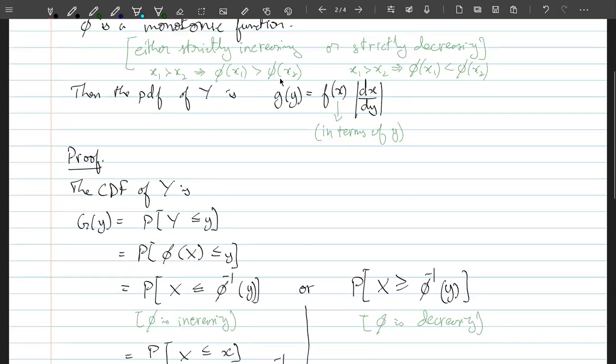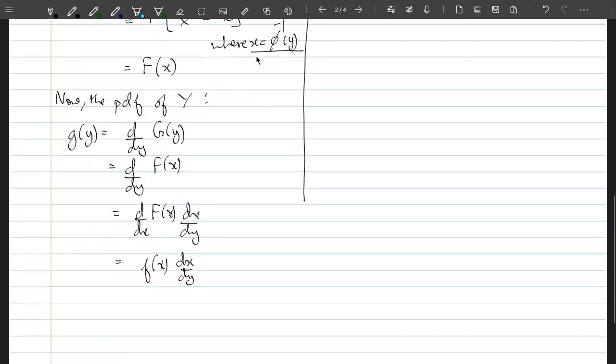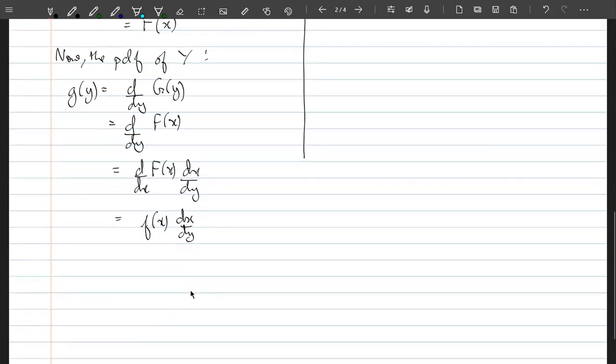So if y is an increasing function of x, x is also an increasing function of y when you take the inverse. So dx/dy is already positive. For an increasing function, the derivative is positive. Or you can think y is increasing, therefore dy/dx is positive. dx/dy is merely the reciprocal of that, which is also positive. So this is very well equal to f of x times the modulus of dx/dy, as required.